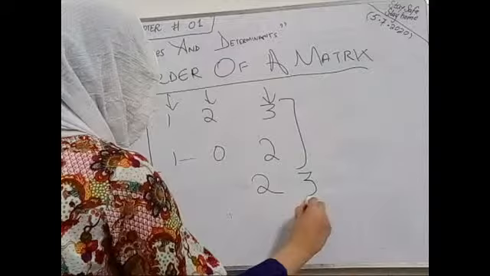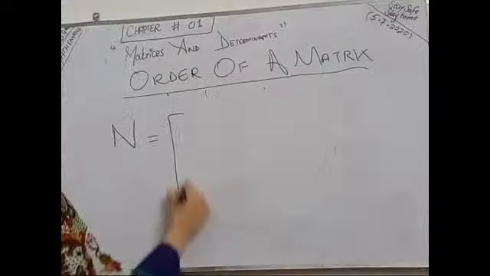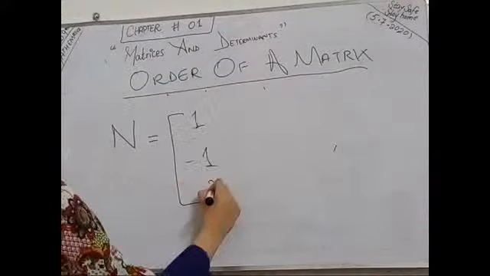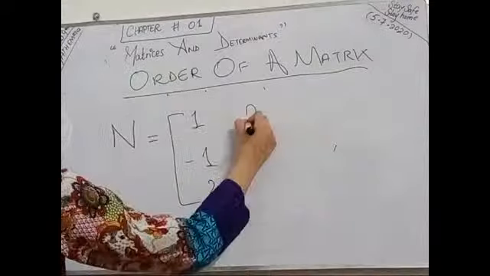Let's take another example. First of all, we'll take another matrix, matrix N, and it has 1, -1, 2, 2, 1, 3, 4, 0, 6.